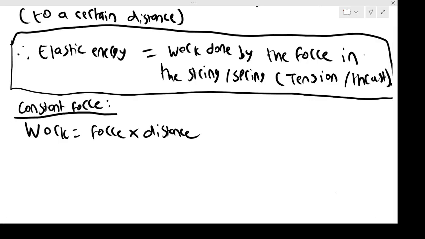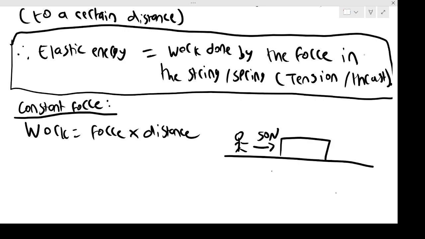So what I mean by that is, for example, let's say I have a little block here. Let's have a person pushing the block forward, right, with a force of 50 newtons, let's say across 8 meters, right? Now the force is constant because it's always 50.